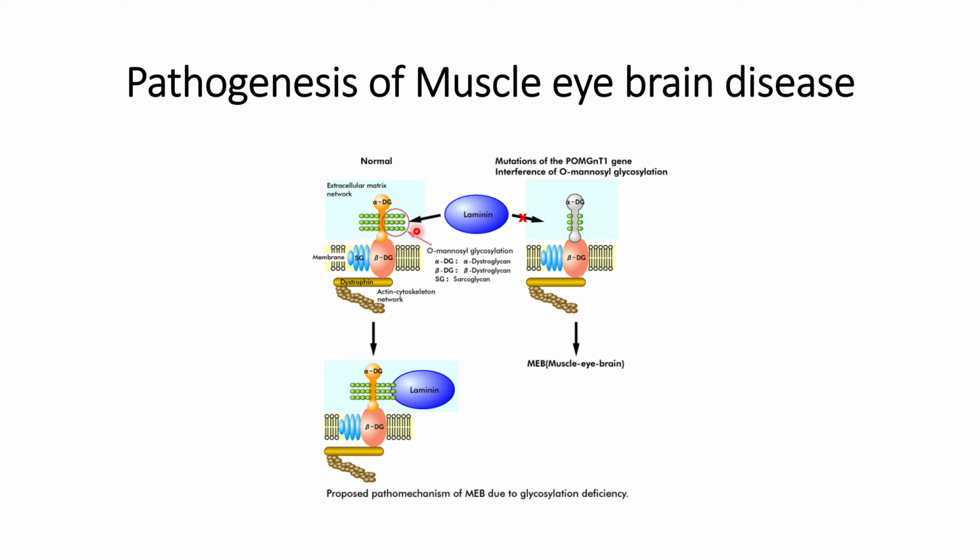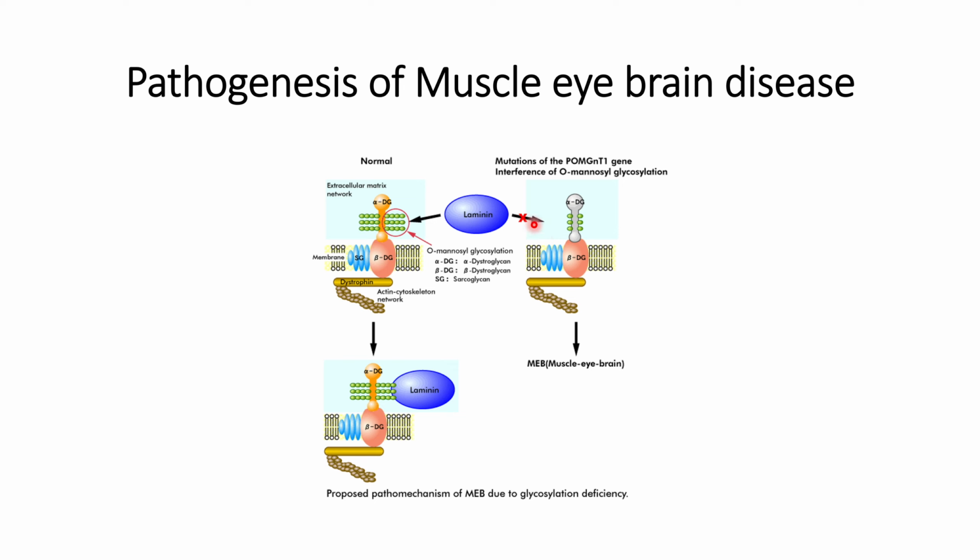However, it has been found that in a person affected with muscle eye brain disease, this alpha dystrophin is not functioning properly. On closer investigation, it has been observed that the glycosylation in alpha dystrophin is not functioning properly in the disease.